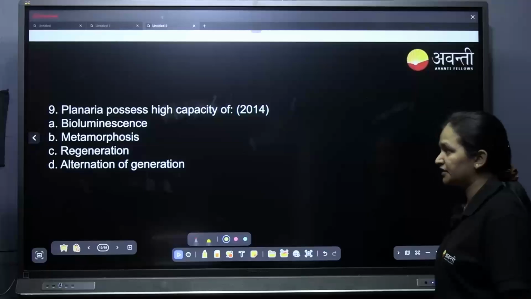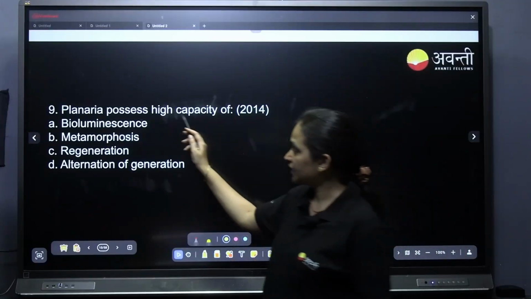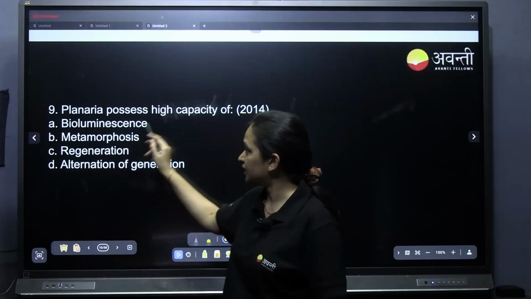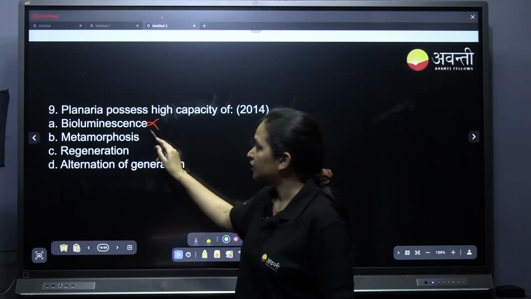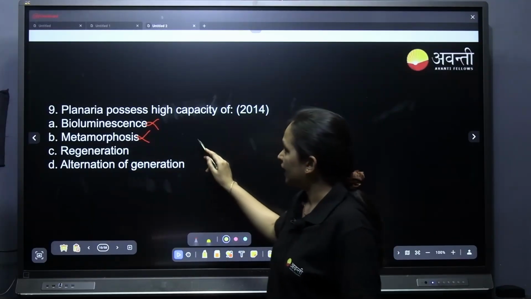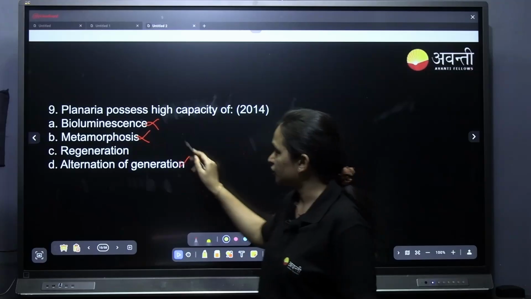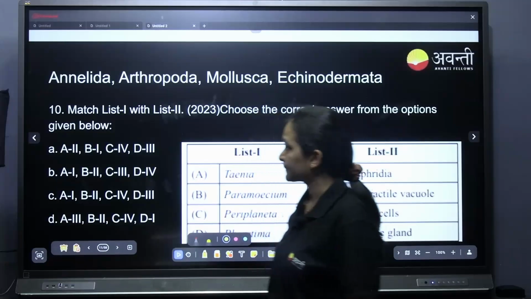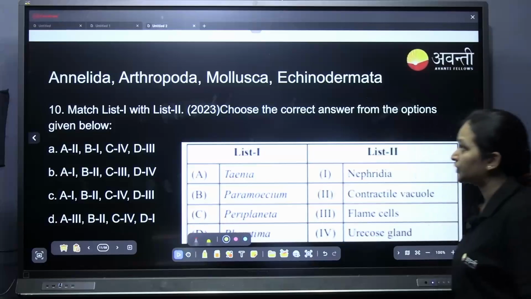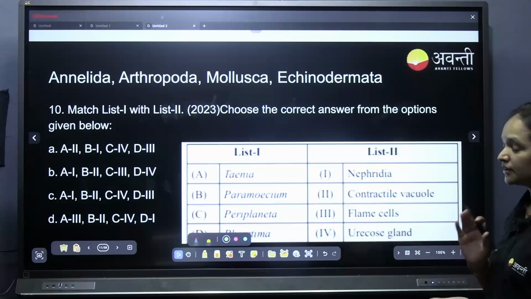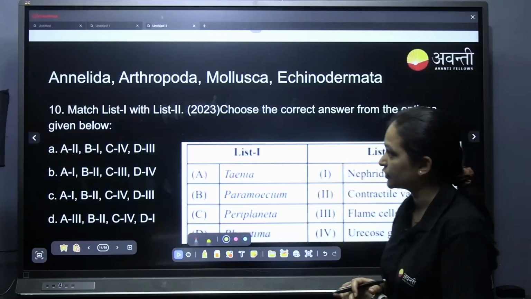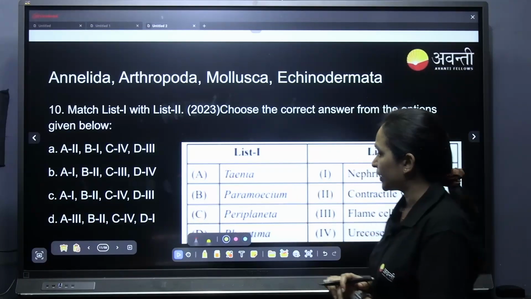Planaria possess high capacity of, planaria, as I already told you, it shows the regeneration capacity. It does not show bioluminescence, no metamorphosis and alternation of generation, no, it shows regeneration. Annelid, arthropod and mollusca and echinodermata question, under those topics we are solving the question, that is match the list 1 and 2.